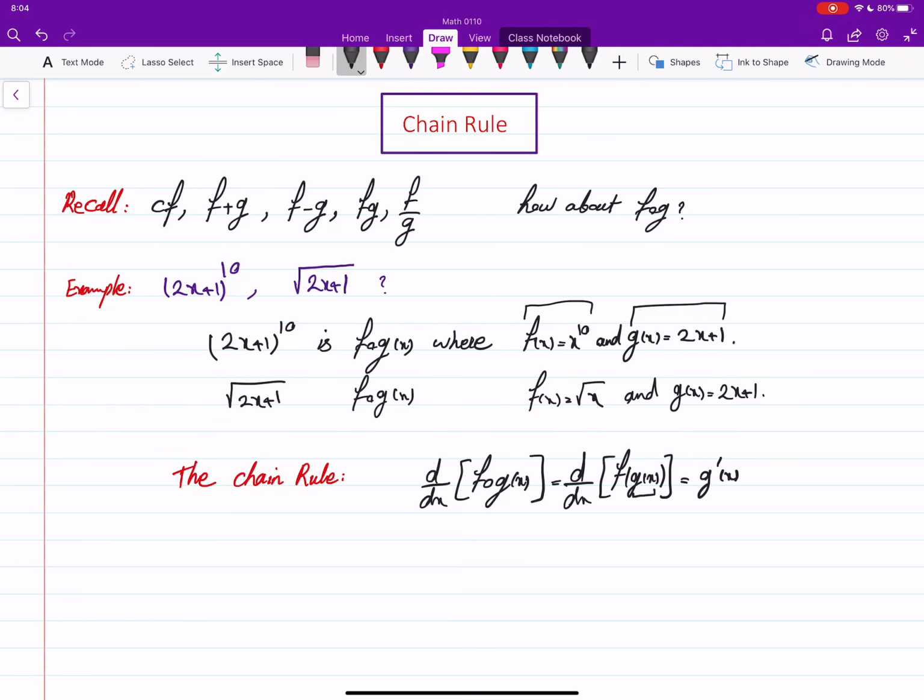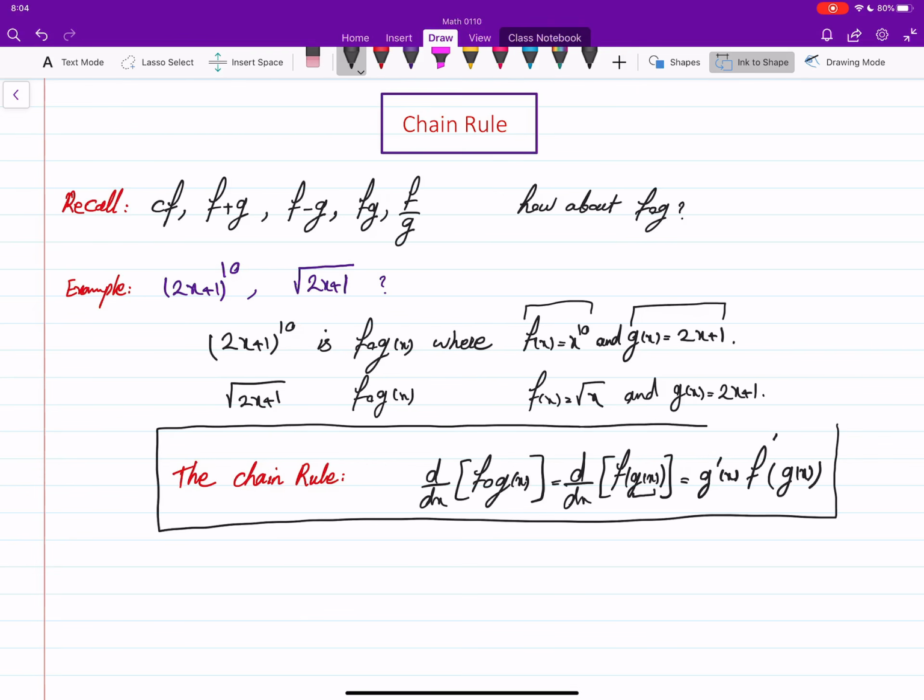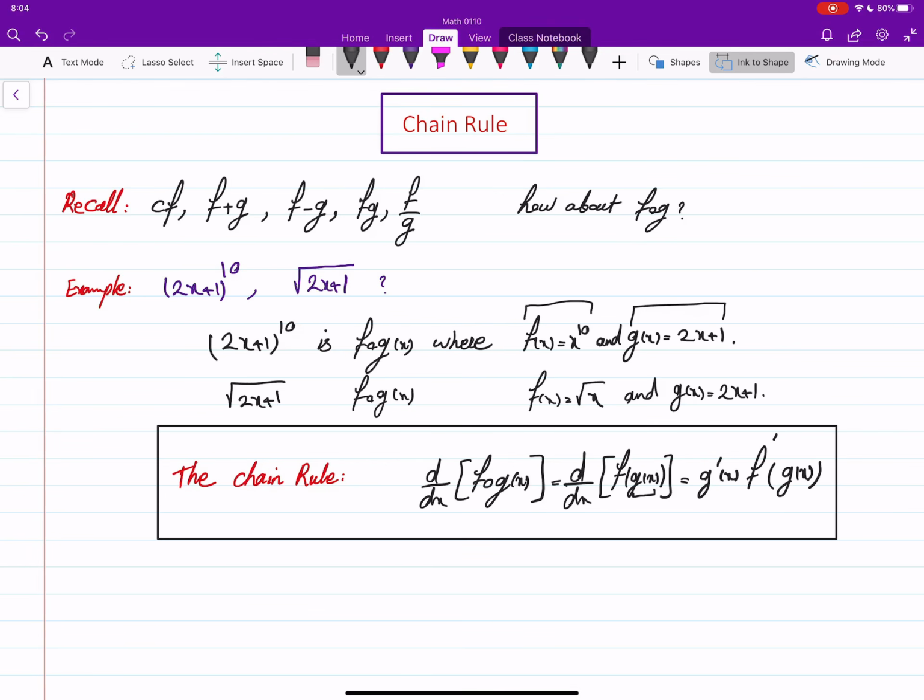Then multiply it by the derivative of f, but don't evaluate it at x, evaluate it at g(x). This is what we call the chain rule. So the derivative of f∘g is the derivative of g times the derivative of f evaluated at g(x).